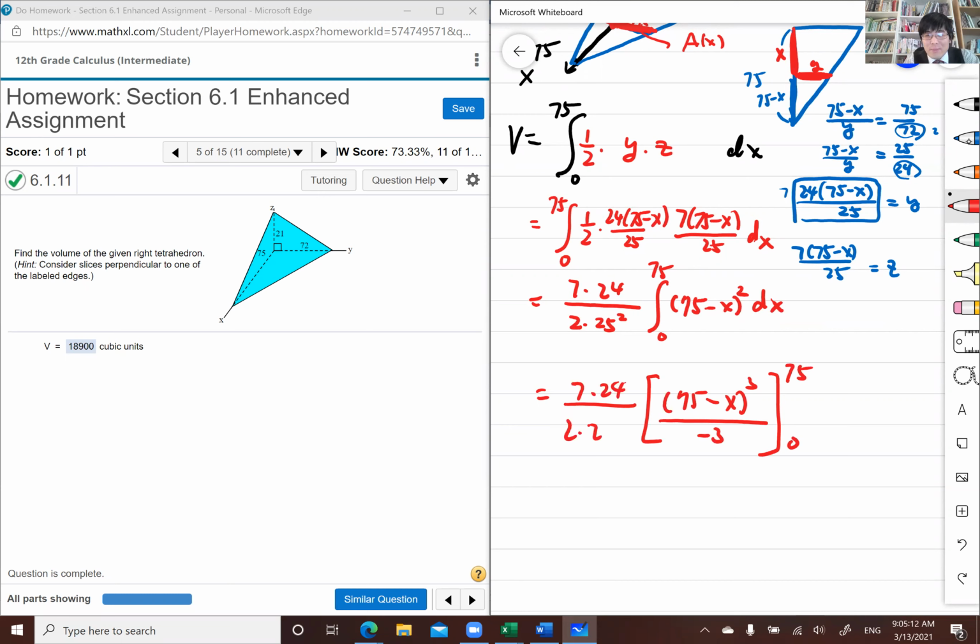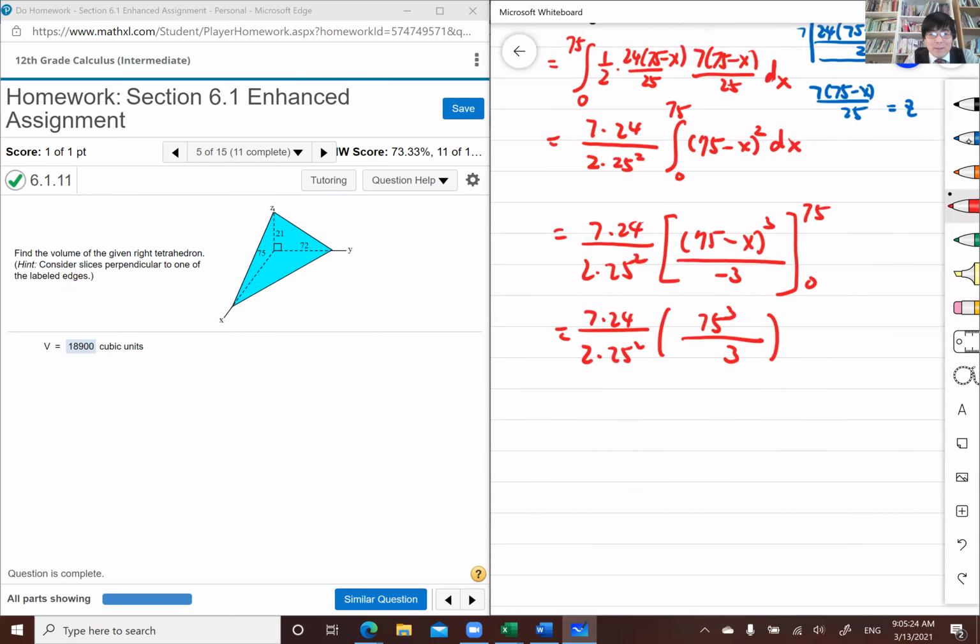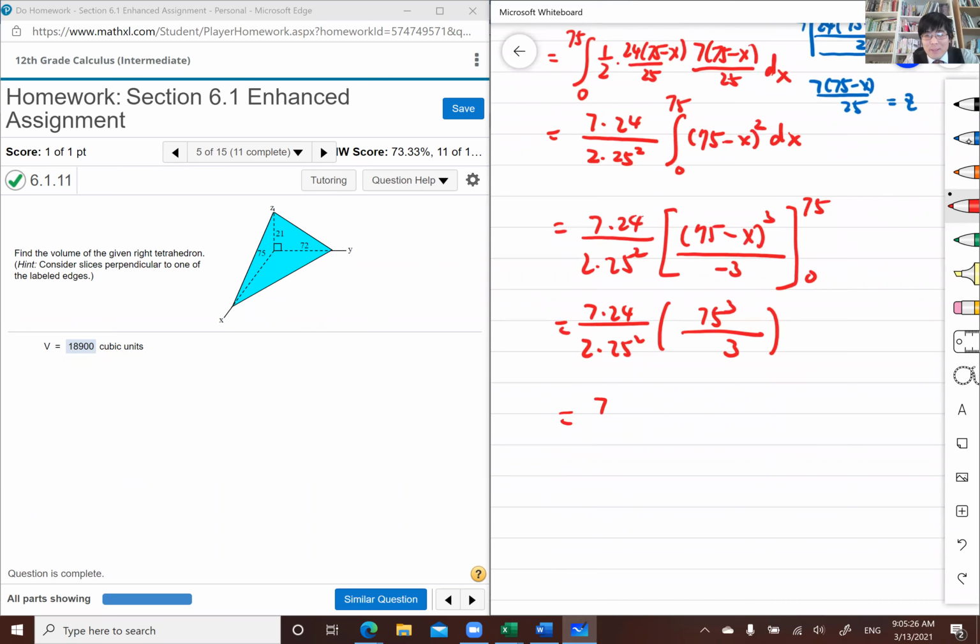Forget about this part for a moment. Plugging in 75 doesn't give you anything, it's just 0. And plugging in 0, you want to get 75 cubed. After this, you have to simplify the expression. Let's just write down the cube as 75 times 75 times 75. And let's write down 25 squared as 25 times 25.